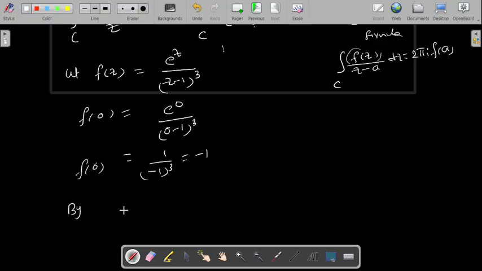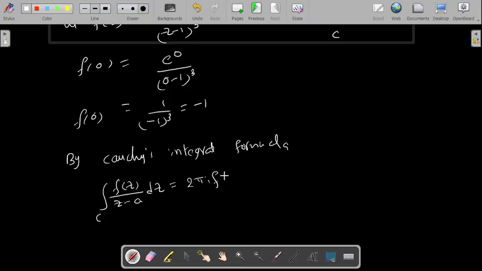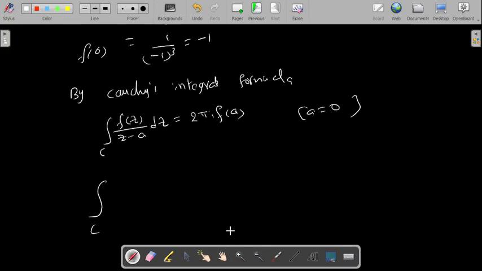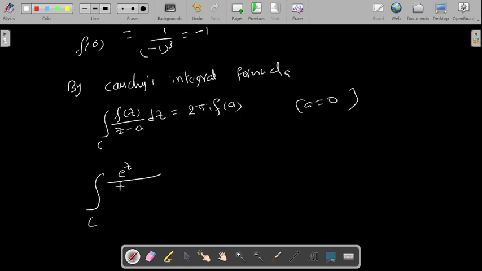So by Cauchy's integral formula, integral C f of z by (z minus a) dz equals 2 pi I into f of a, with a equal to 0. So the integral of e power z by (z minus 1) whole cube, divided by z minus 0, dz equals 2 pi I into f of 0.